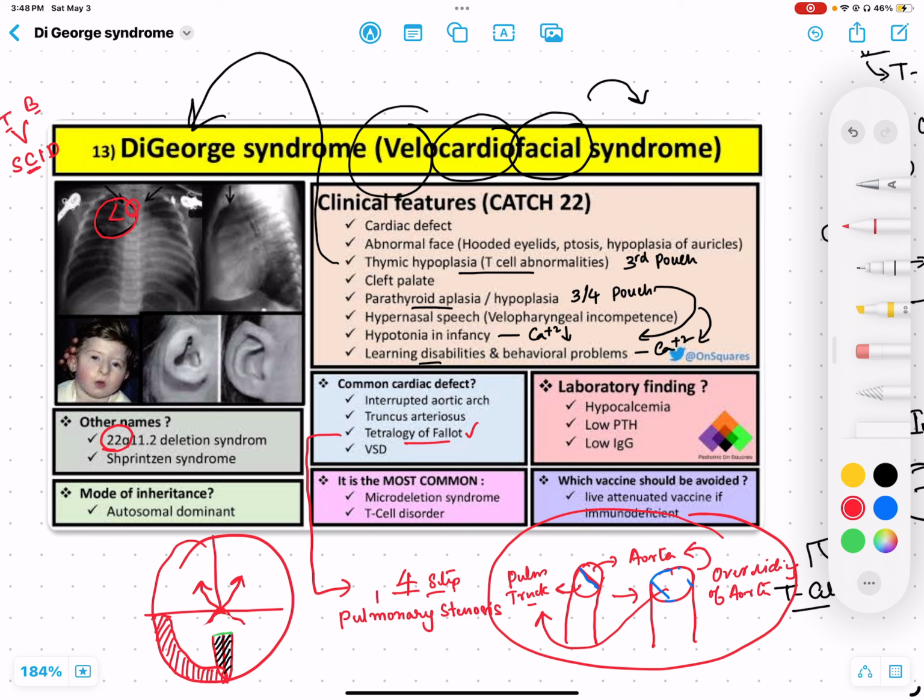And why did this happen? This happened because of overriding of the aorta. And what results in this? This results in right ventricular hypertrophy.